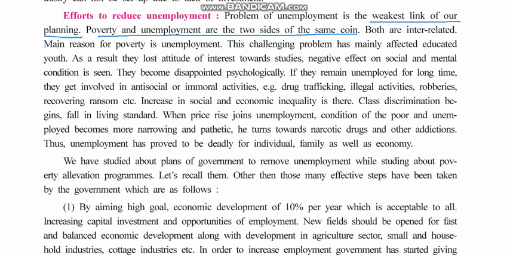The poor will be unemployed and the unemployed will be poor. Both are interrelated. The main reason for poverty is unemployment. This challenging problem has mainly affected educated youth. As a result, they lost interest in studies, so they don't study further, and that's why they don't have proper facilities for getting work.